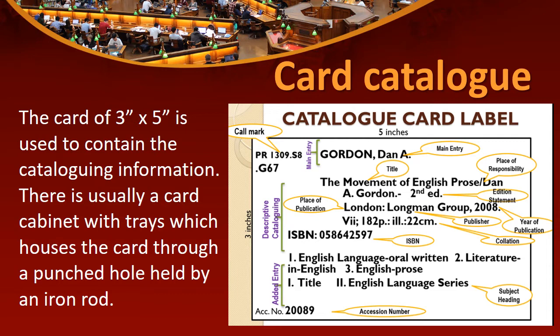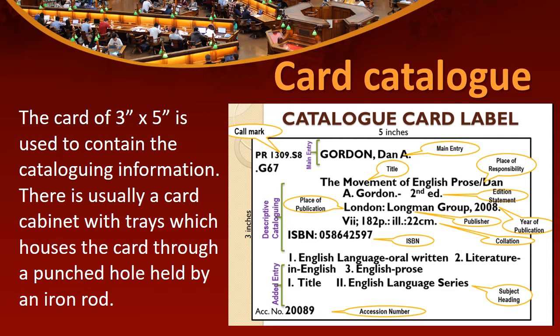Then followed by the descriptive catalog, which covers the title and the statement of responsibility. That means the person we are giving honor to for writing the material. And we have place of publication, the edition statement, the publisher, year of publication, collation, ISBN.